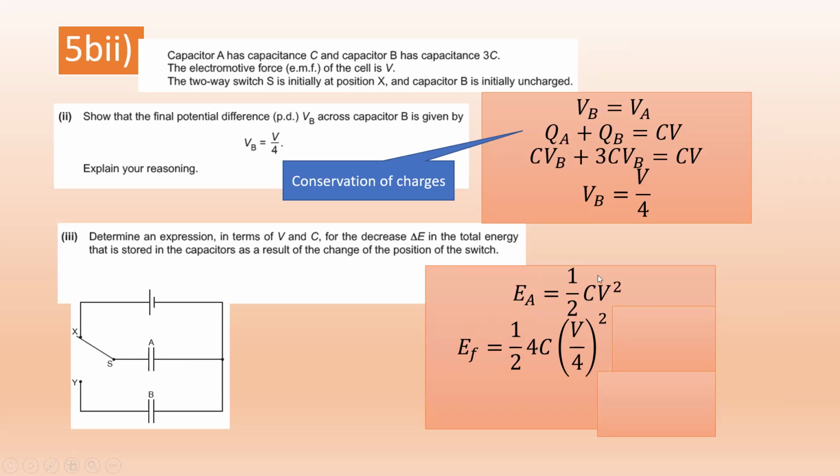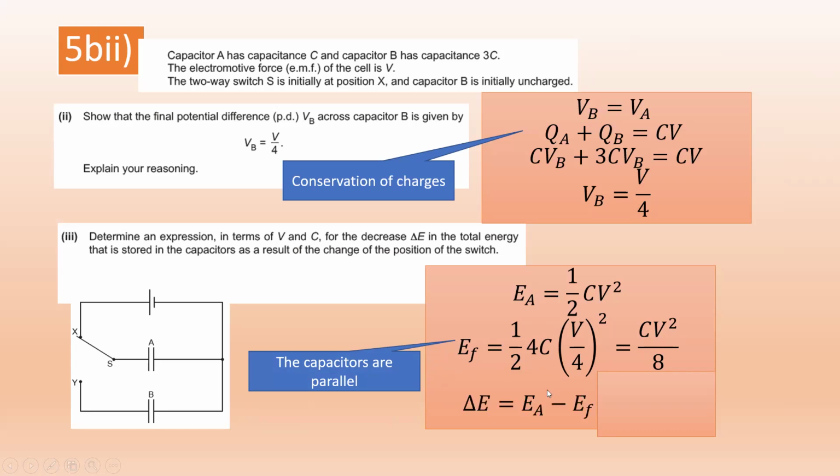Half times 4C, and the final voltage is V over 4, squared. Then cancel by 2, 2 times 2, then cancel the 16 by 2. That one becomes 1, this one becomes 8. So CV squared over 8. Initial minus final.